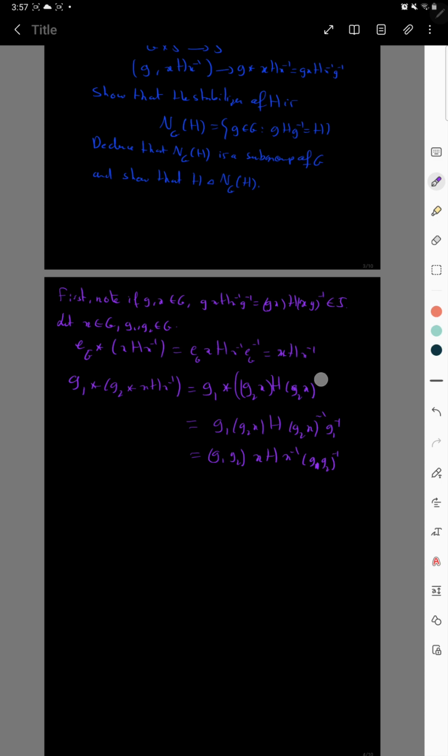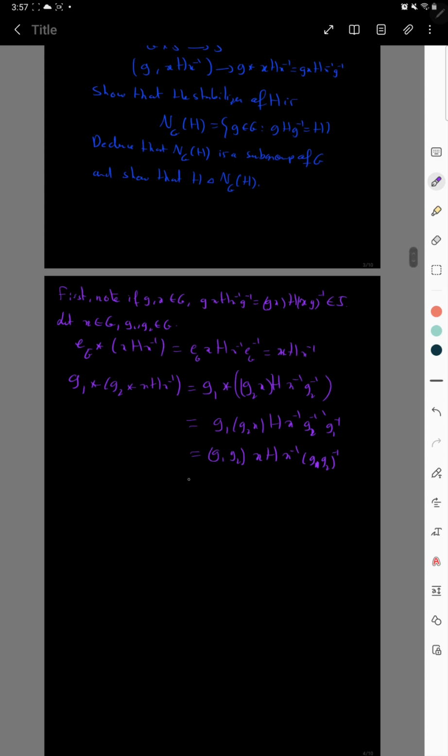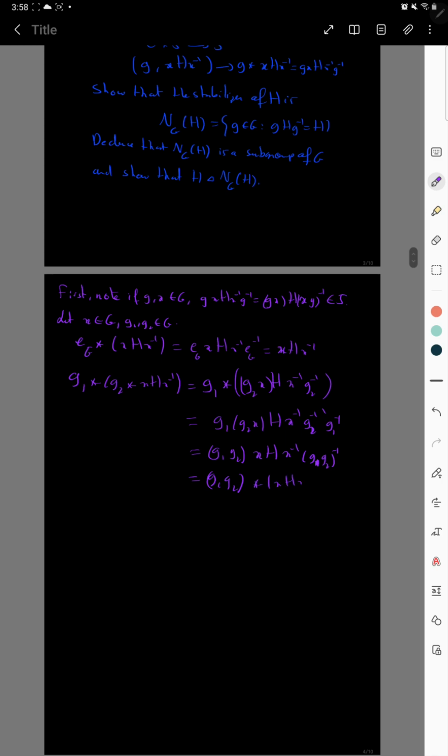We could have just kept it this way. Which is just g1g2 star xHx inverse. Hence, star defines an action of G on S.